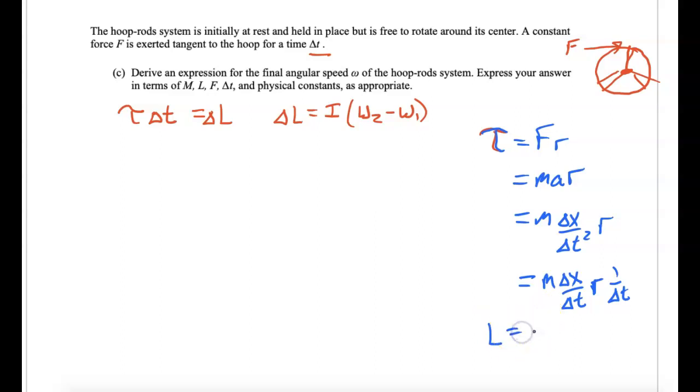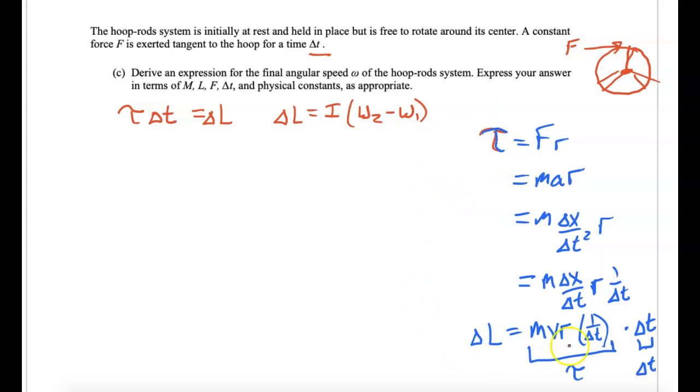So we know that this is equal to mvr, and that is times 1 over delta t. That's the torque, and then we multiply that times the change in time. So notice this much is torque, and this much is our change in time. Now that's proven that a change in angular momentum can be equal to torque times the change in time. That's something we have not done, so that's a really good thing to make sure that you memorize.